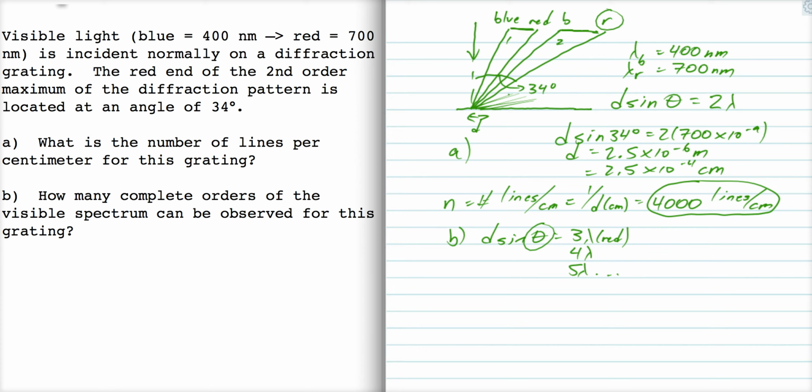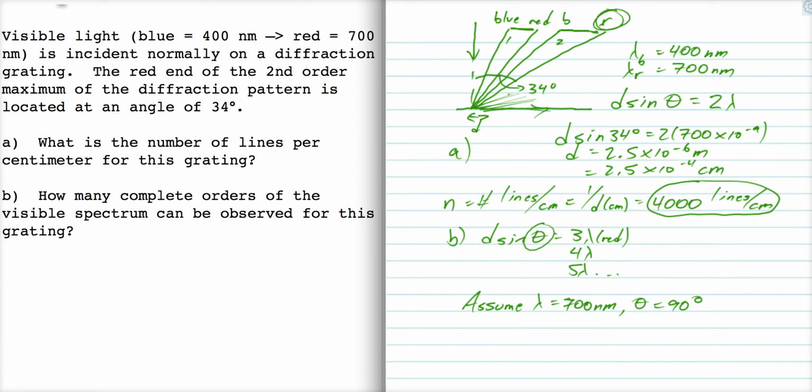A simpler way to do this would be to assume that we're dealing with the far end of the spectrum, the red light. So assume lambda is 700 nanometers, and let theta equal 90 degrees. Let's find out which order we're at where the angle is 90 degrees.